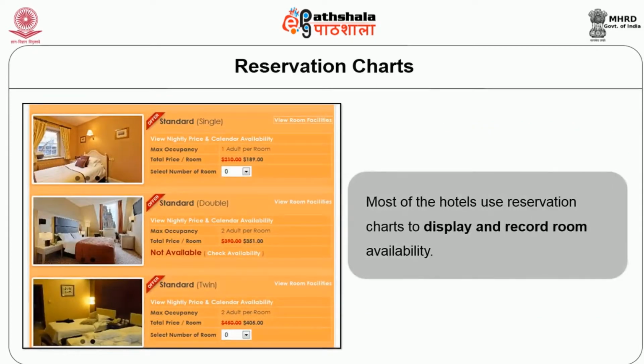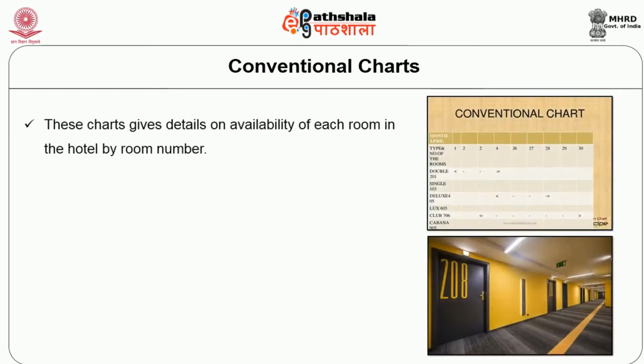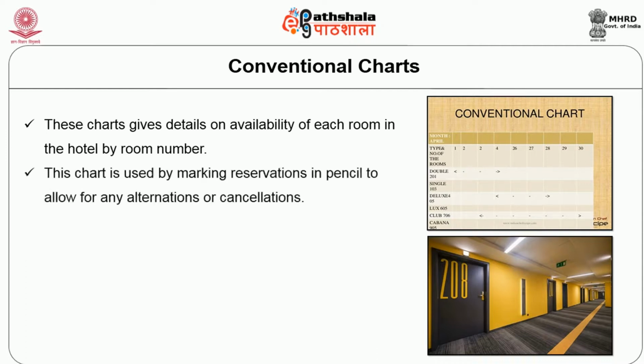Next is the reservation chart. Most hotels use a reservation chart to display and record room availability. There are two types of reservation charts. First is the conventional or traditional chart. These charts give details on availability of each room in the hotel by room number.